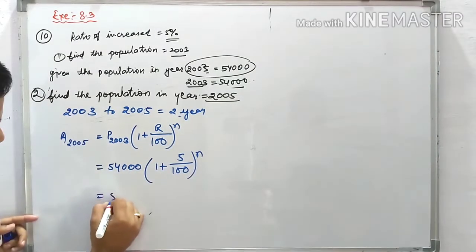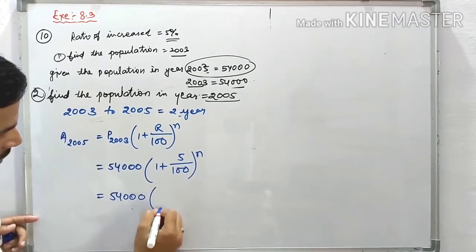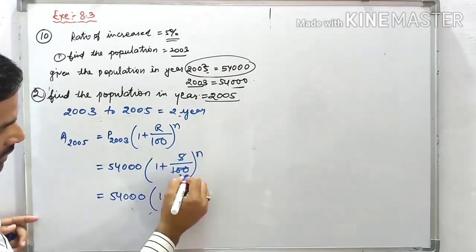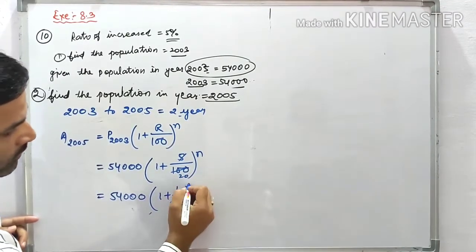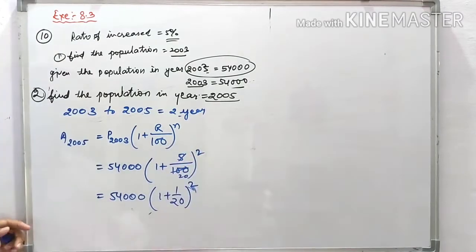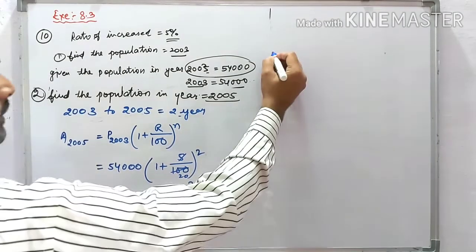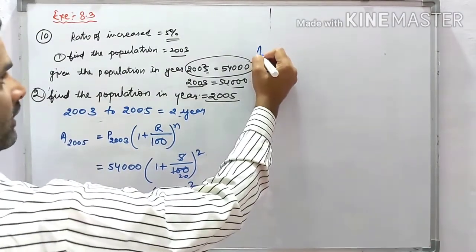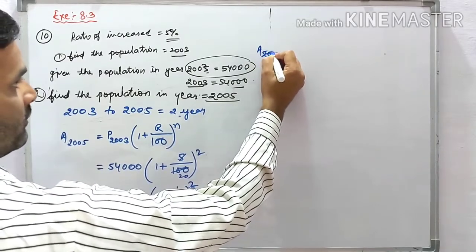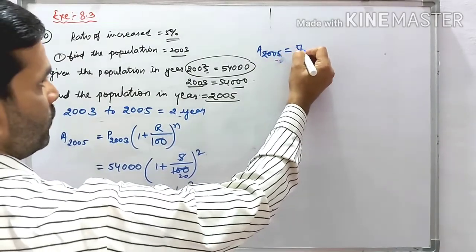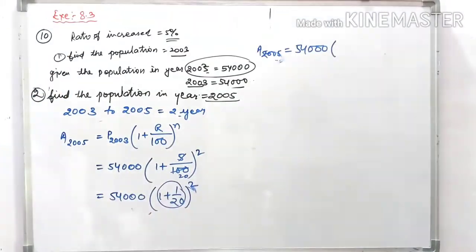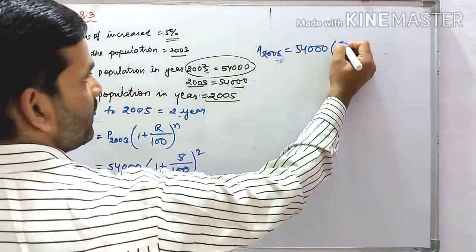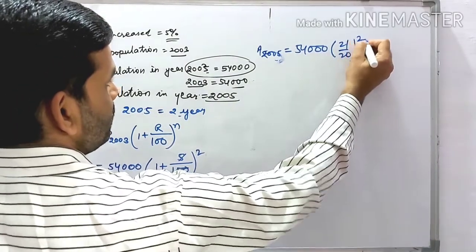After cancellation, 54,000 times (1 plus 1 upon 20) to the power of 2. Now A for 2005 is 54,000 times (21 upon 20) to the power of 2.